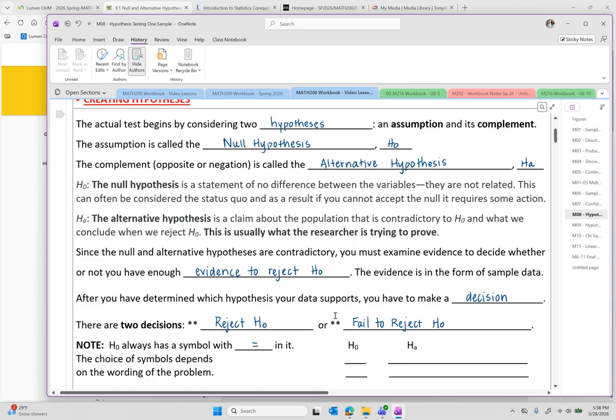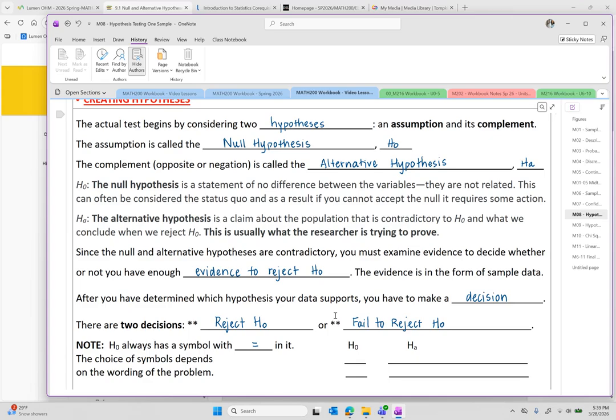So you have a status quo, which is the null hypothesis, and you will collect your evidence, which is sample data. And if that sample data evidence is very unlikely to occur based on the null hypothesis, then you have enough evidence to reject the null hypothesis. So you collect data, you compare the data to the null hypothesis, and then you make a decision.